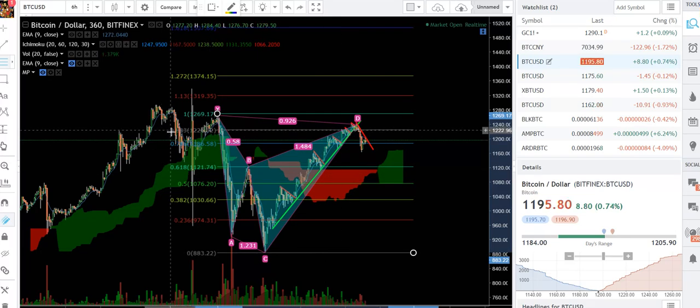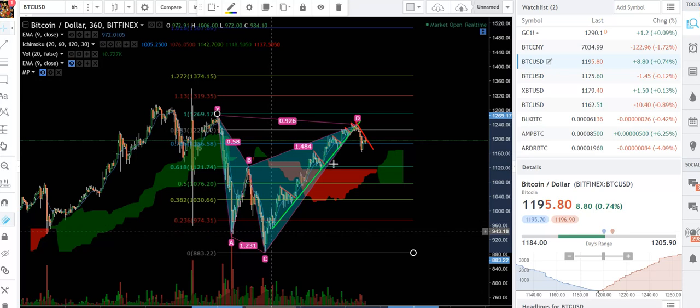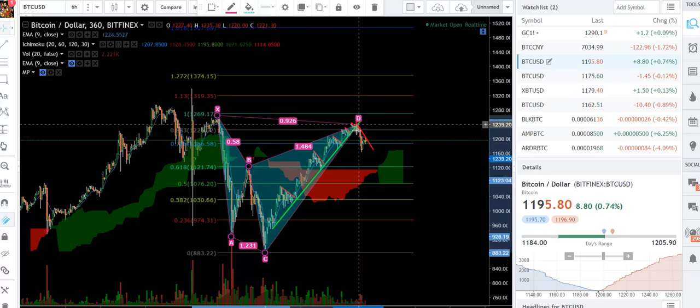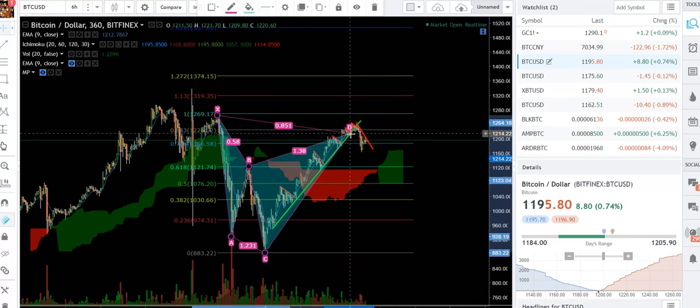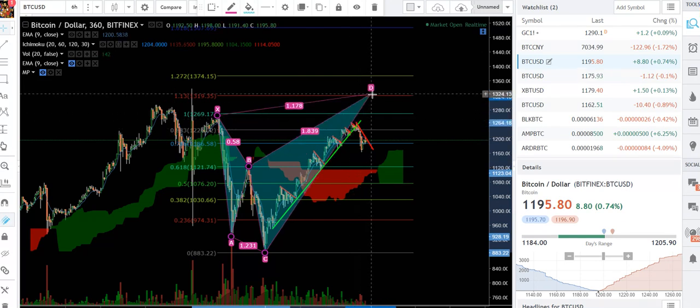This is the 88.3, 78.6, this is the 1, and it fell between the 88.3 right here and the 1, actually to about 92.6, 93. So this move back up is considered a harmonic shark anywhere between 88.3 and 1.13.